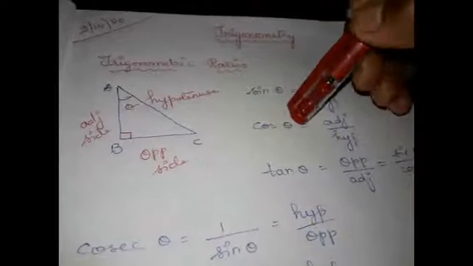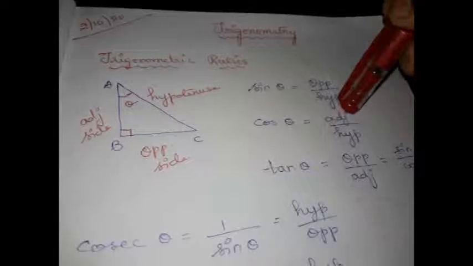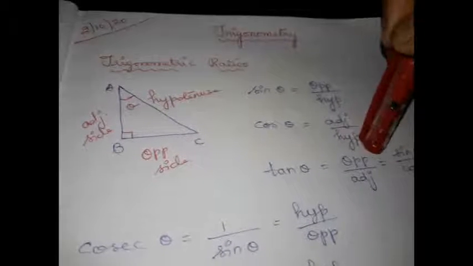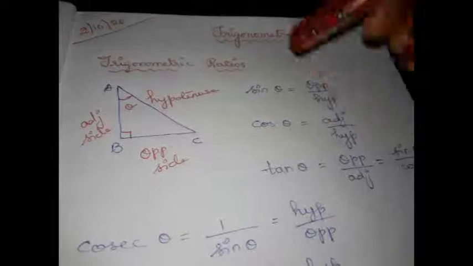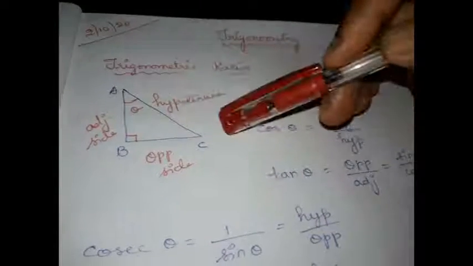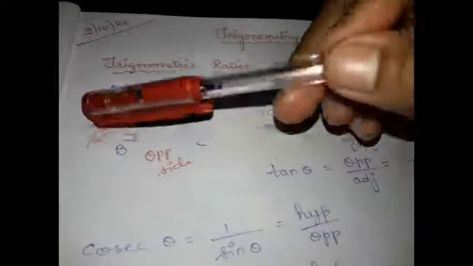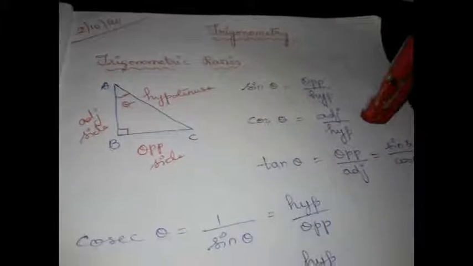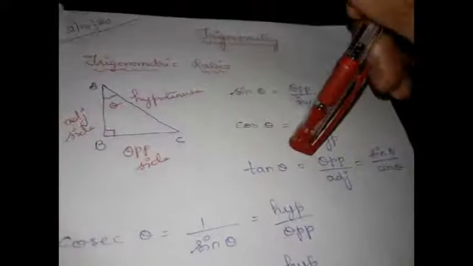Then what is cos? Cos theta is the adjacent side divided by the hypotenuse. The side adjacent to the angle theta is this AB, divided by AC, right? What is tan theta?